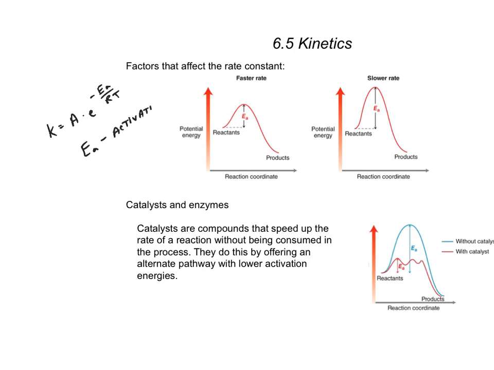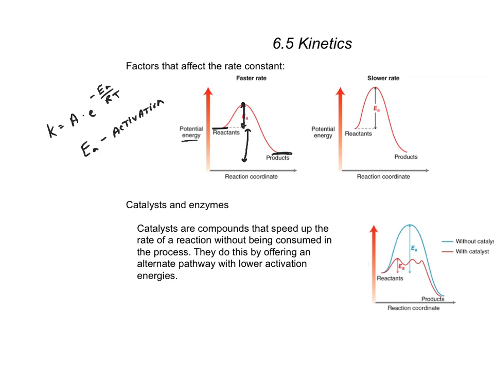If we go back to our little energy diagrams, we've already talked about reactants and products in terms of energy. This difference is how we represent enthalpy or delta G. What is the activation energy? Where does it come in? It's something that we've ignored in the middle. The activation energy is the energy required to take our reactants and get them to this little top peak on the hill.